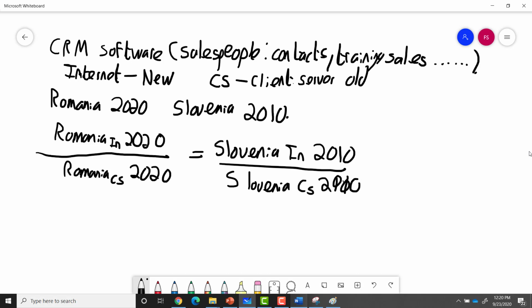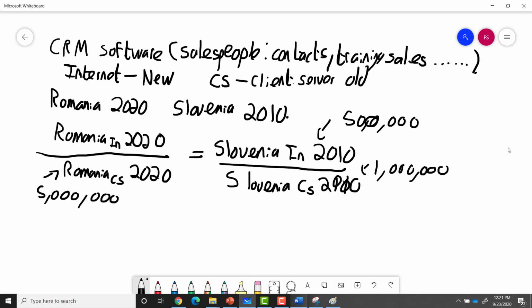And we actually have this information here. We say that this is $500,000, and this is $1 million. And my client server at the moment is 5 million. So for Romania Internet 2020, we basically multiply both sides by 5 million.